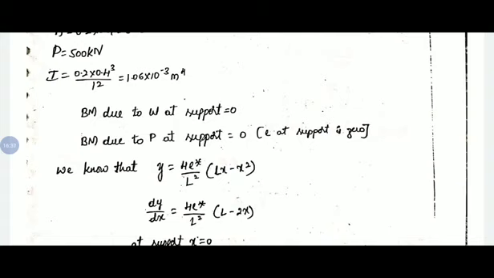So if we have eccentricity, then PE by I will come, but here we have 0 eccentricity, it will be 0 only. So first we need to find out what is the slope of the cable at support.